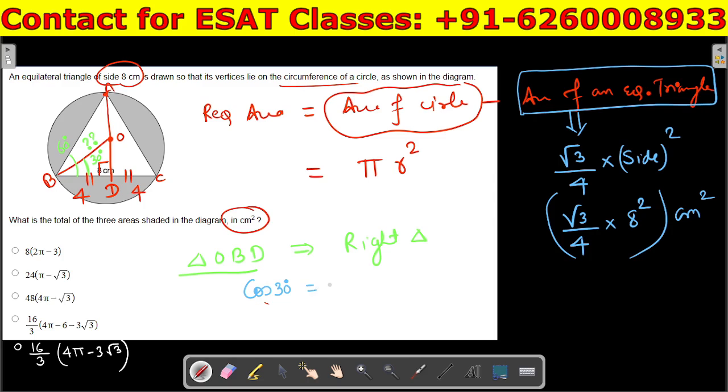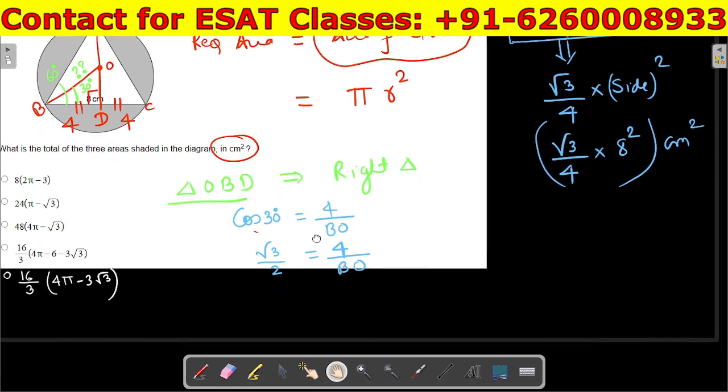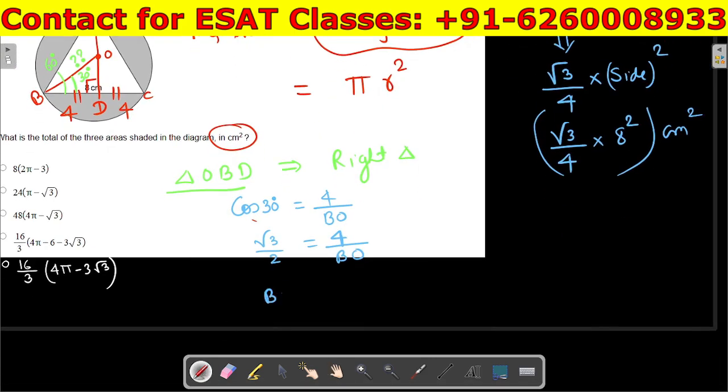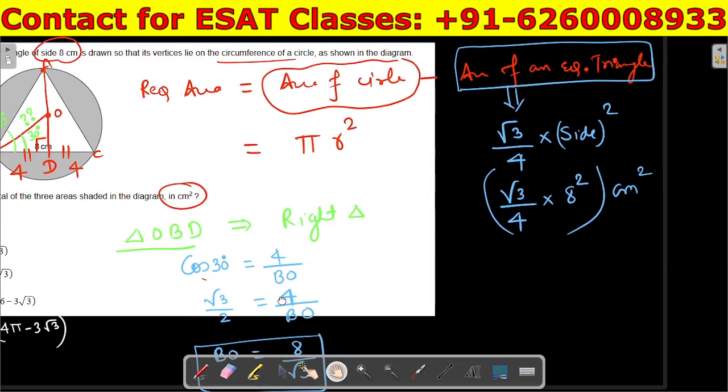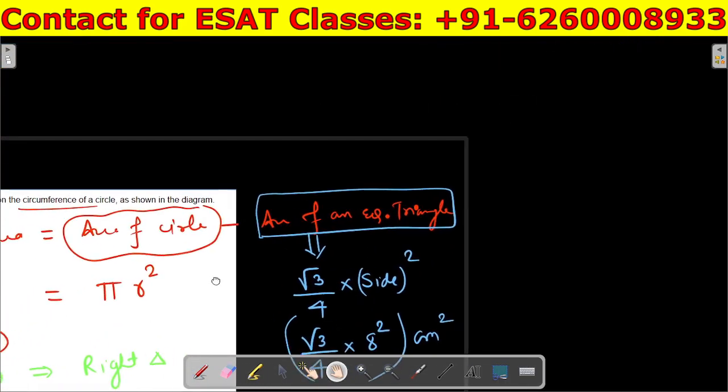Cos theta is base upon hypotenuse. So base is 4 and hypotenuse is BO, and cos 30 degree, that is root 3 over 2, is equal to 4 upon BO, right? So from here we get BO is equal to 8 upon root 3, and this is my radius as well. So we get the radius, which means the question is going to be solved very soon.